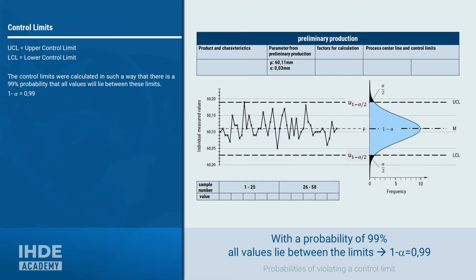The range of the 99.73% area is 6 times the standard deviation sigma wide. This probability is represented by the blue area of the probability distribution.